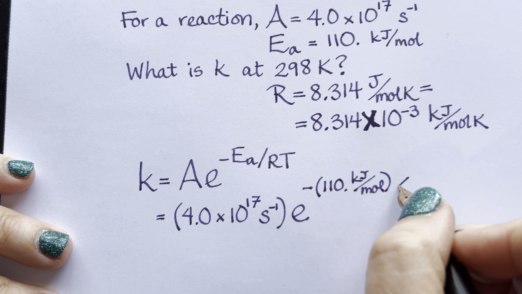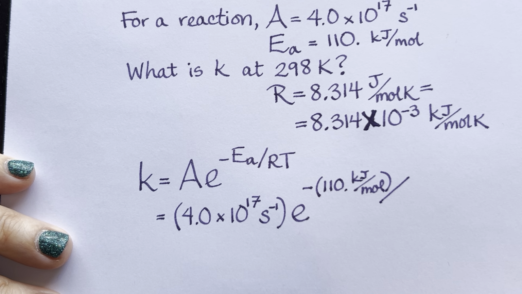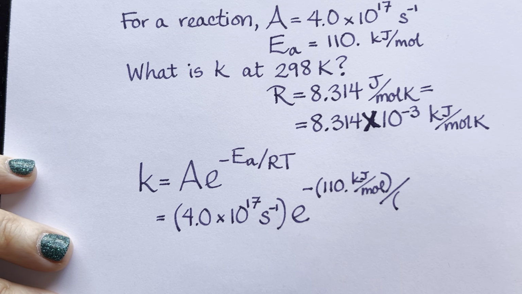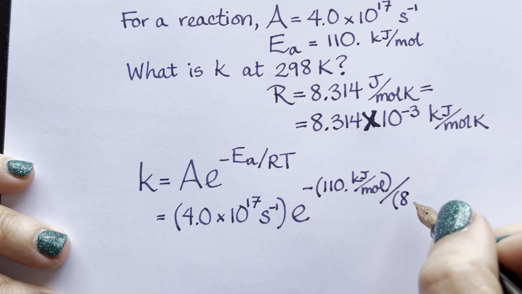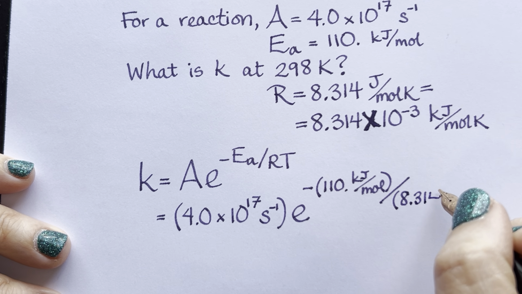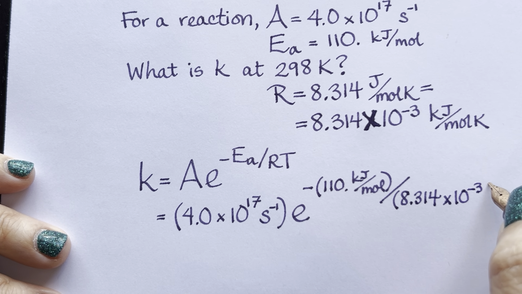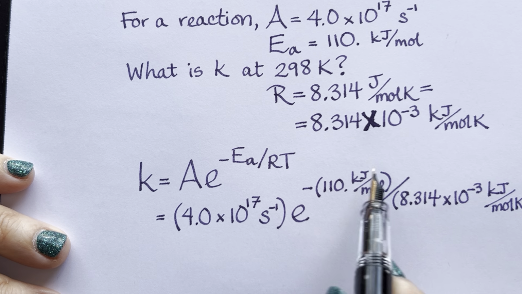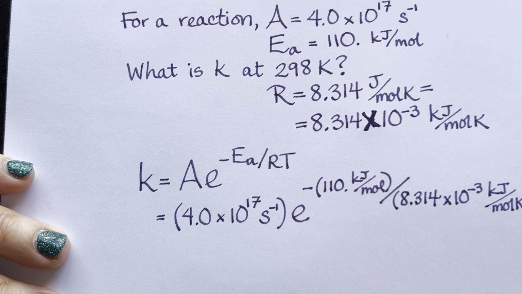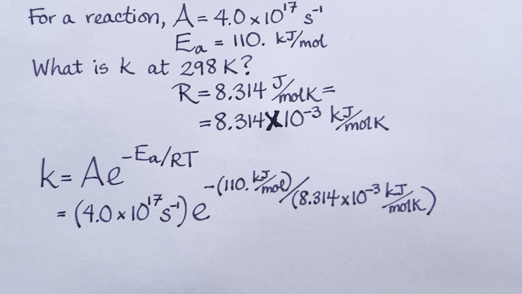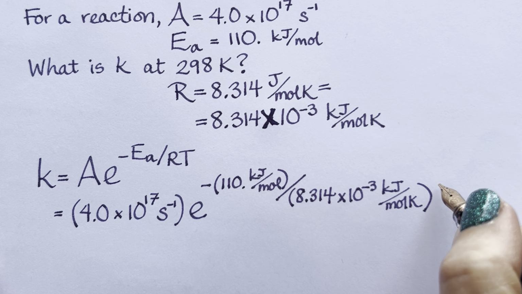And then we're going to divide that by 8.314 times 10 to the minus 3 kilojoules per mole Kelvin. I want that kilojoules to cancel out and the per mole to cancel out. And then we put in our temperature.